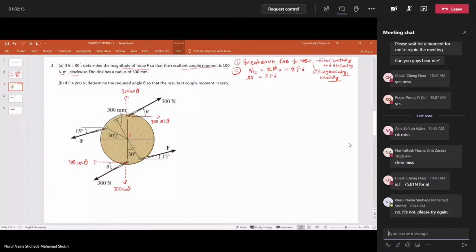Now, as you can see, the angle is already given between this line and this line, so we can just break down these forces radial to this line and tangent to this line.